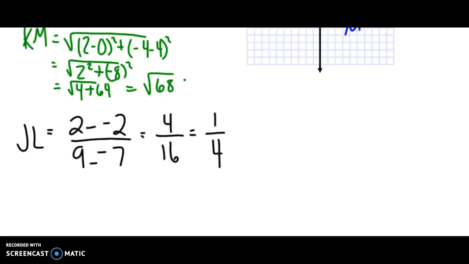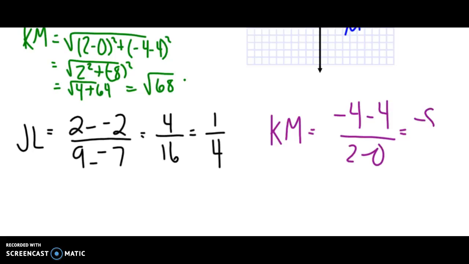Okay? So then we can find the slope of KM. So if I find the slope of KM, it's going to go -4 minus 4 over 2 minus 0. So that would be -8 over 2, which is -4.